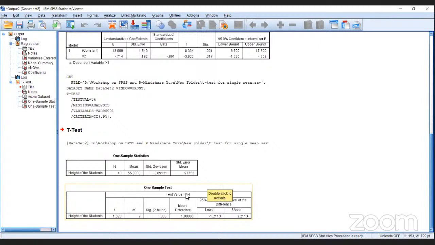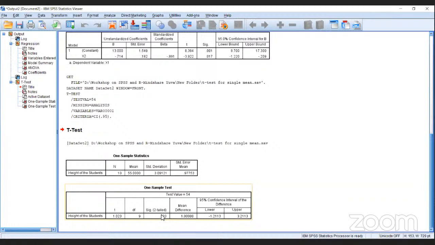Most probably there will be no significance. What have we taken as the null hypothesis? Anyone? Sir, mu equals 54. So the average height of a school is 54 inches.